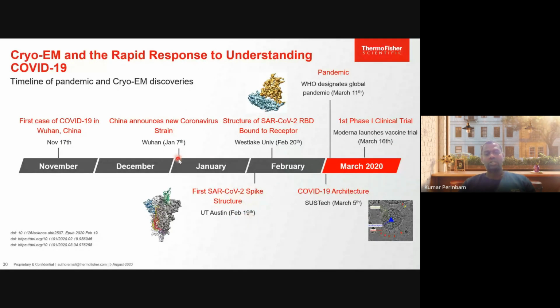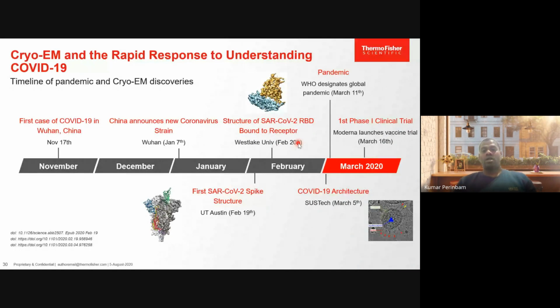It's just over a month that we were able to get a protein structure, which was almost impossible with any other technique. And then later on, we were able to get SARS in a bound structure.